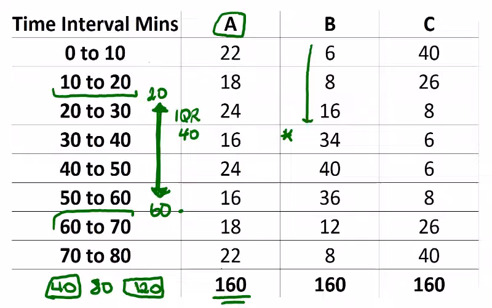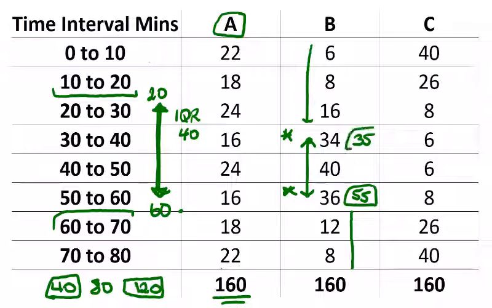So we want 40 people up from the bottom. 8 and 12 is 20. We need another 20, so it's going to be in here somewhere. So you can see here the interquartile range is going to be in here and in here. And 2 boxes apart, it looks like 35 minutes in here, 55 minutes in here.